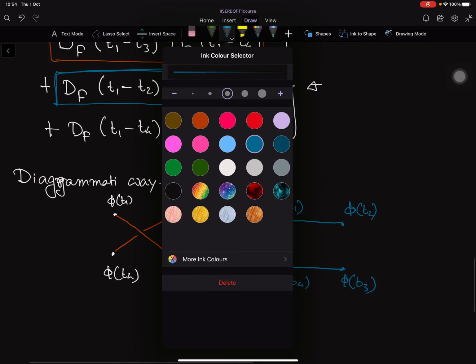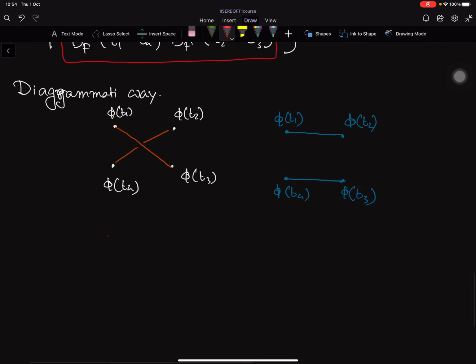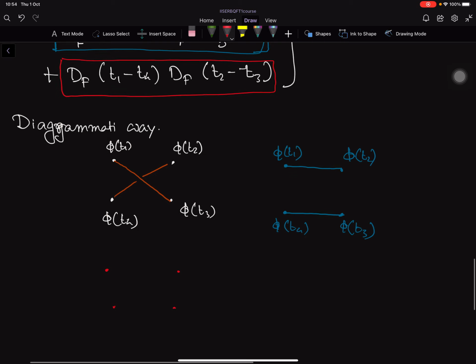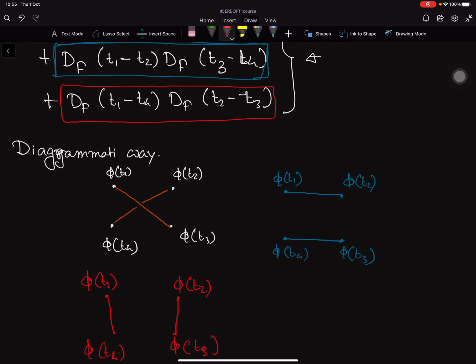And then you have the third one. This has a propagator between 1 and 4, so 1 and 4, 2 and 3.